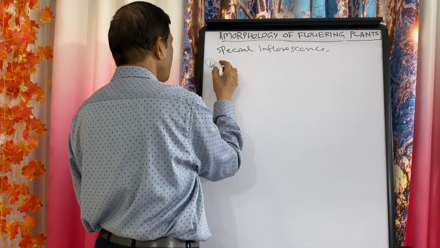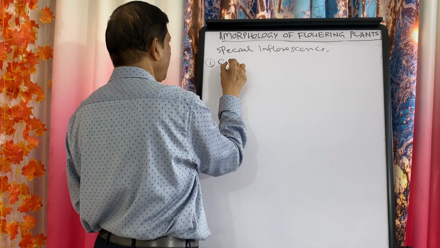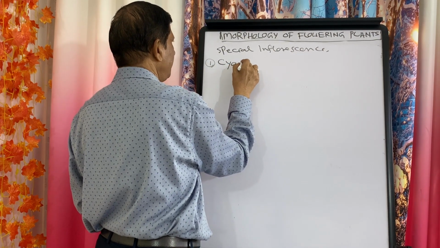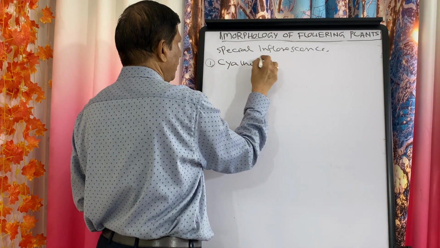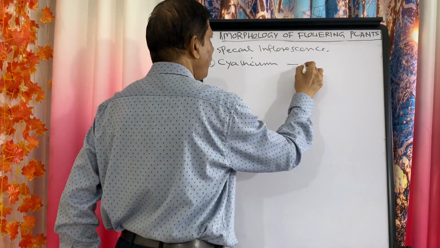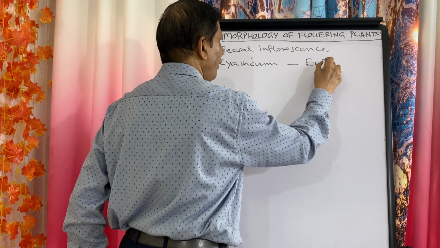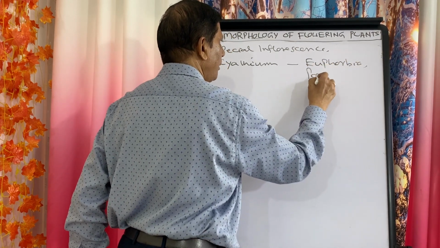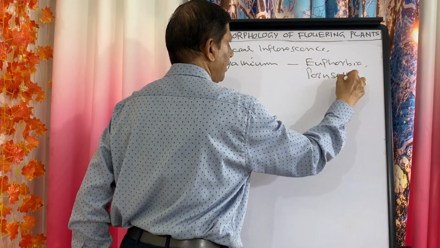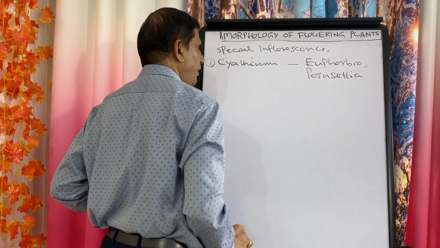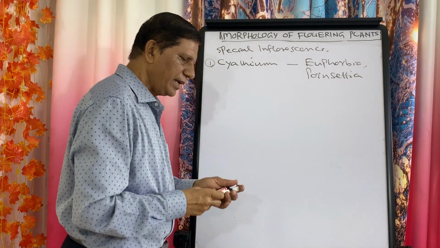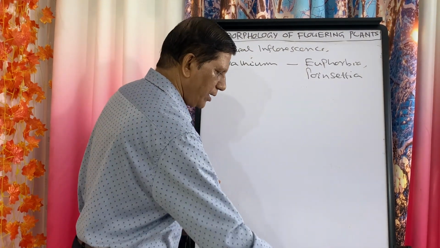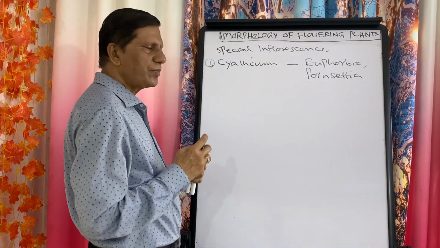So let us go one by one. The first one is cyathium, and this is commonly found in case of Euphorbia and poinsettia. In case of cyathium, what happens?